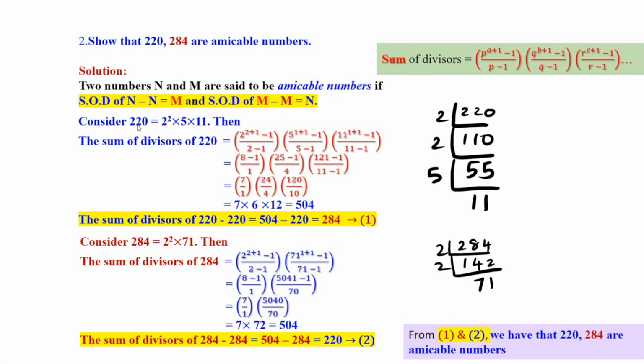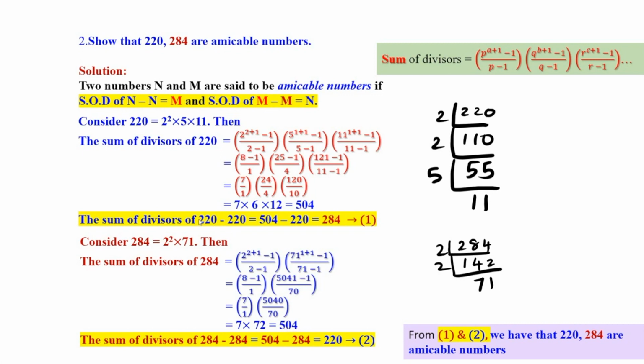Now here we are trying to prove that 220 and 284 are amicable numbers. For 220, first we find the sum of the divisors, that gives us 504. And for 284 we find the sum, and that gives us 504 again.